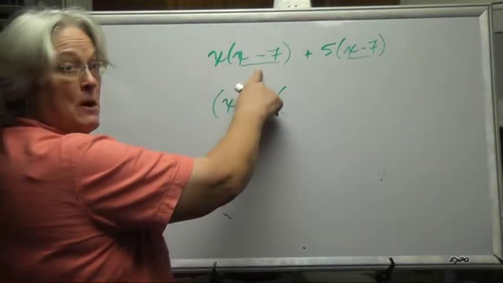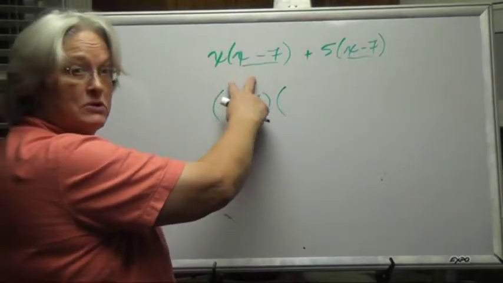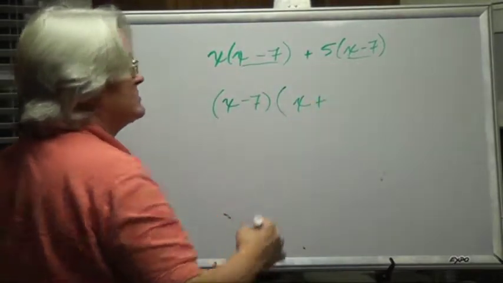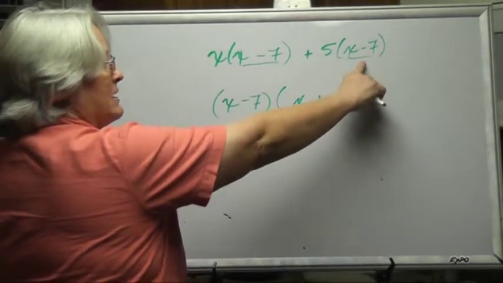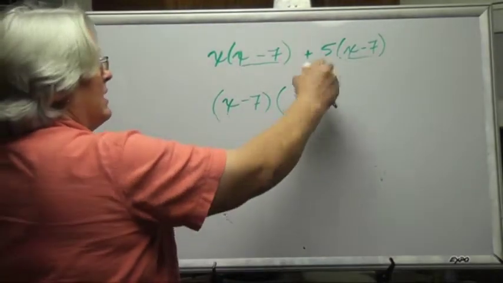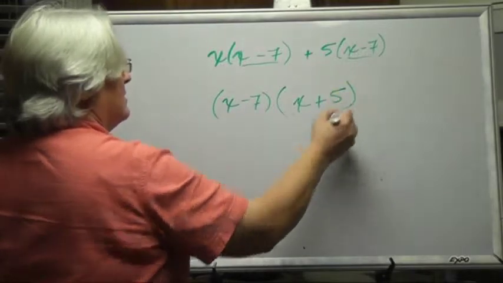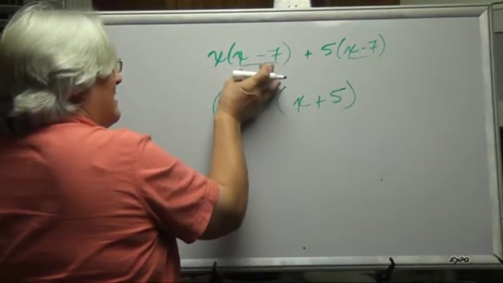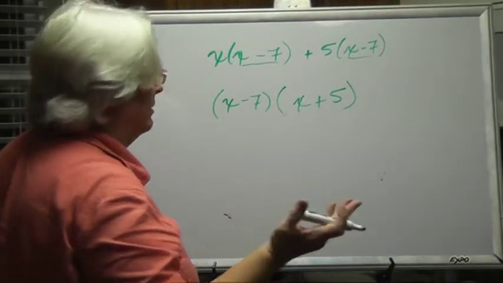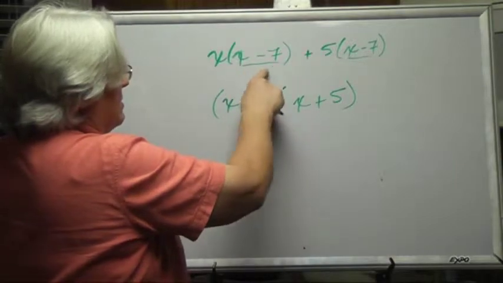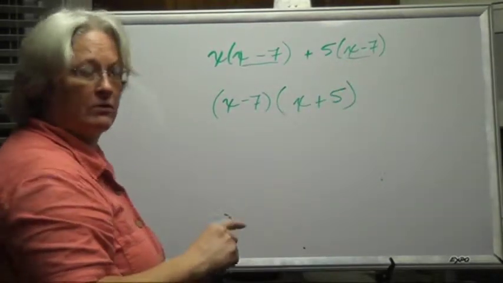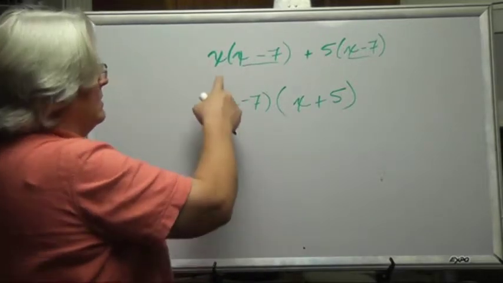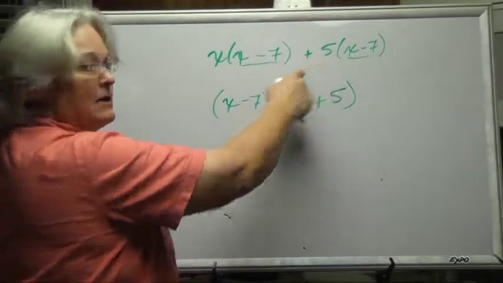When we factor out x minus 7 from this first product, the only thing we have left is x plus what? We've taken the x minus 7 out, so a positive 5 remains. So we've factored, and we see that we have a common binomial factor here. Once we remove that x minus 7, all we have left is an x plus 5.